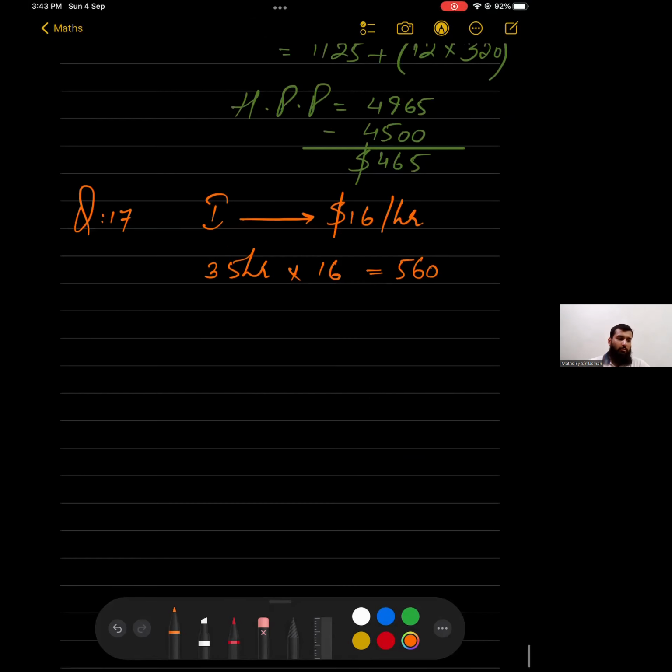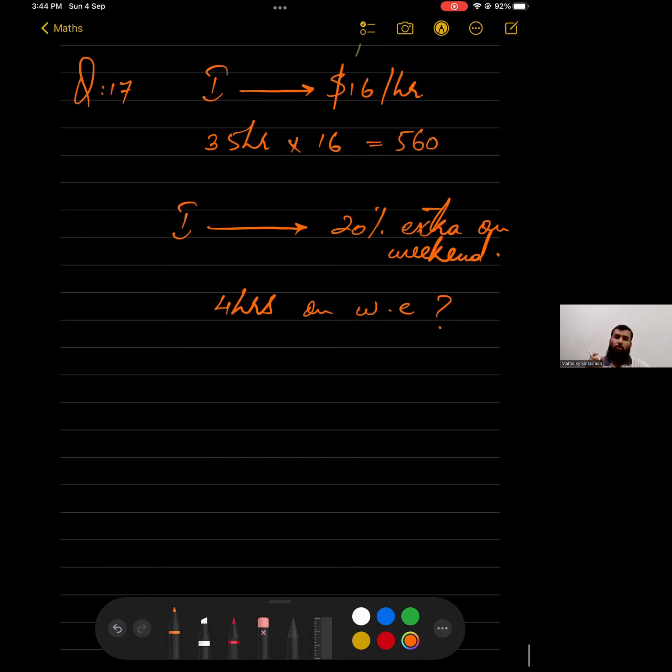Now, in the next part, they are saying that Imran is paid 20% extra on weekends. He worked for 4 hours on weekends. So I need to figure out his total earning. We need to figure out the earning for 4 hours on weekends.